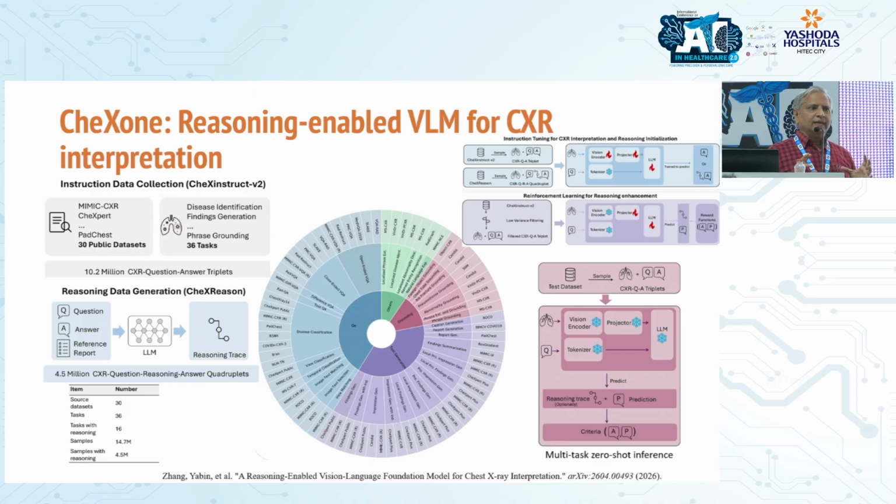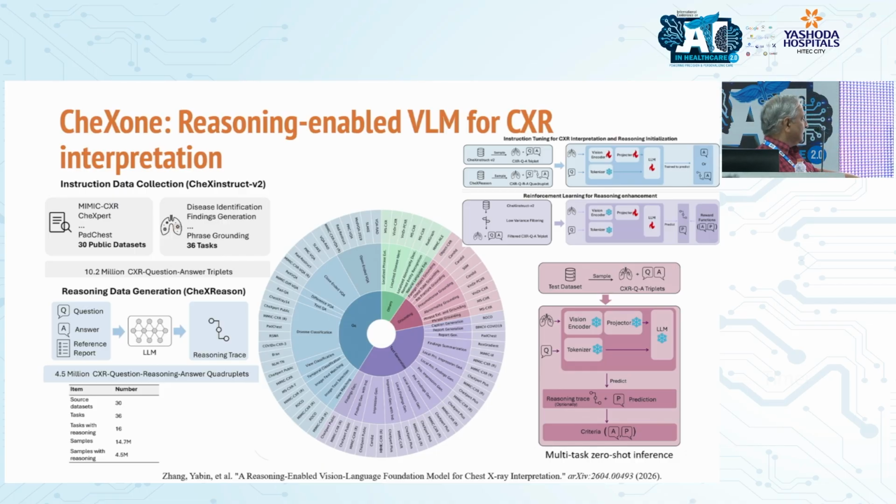What it is trained on is chest X-ray, the question that you have given, the reasoning steps that the expert has taken, and the answer that is derived. So this four-tuple is the instruction data set on which it is instruction tuned.